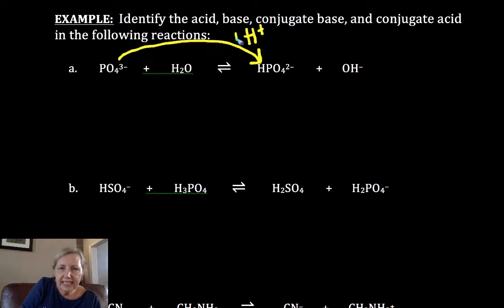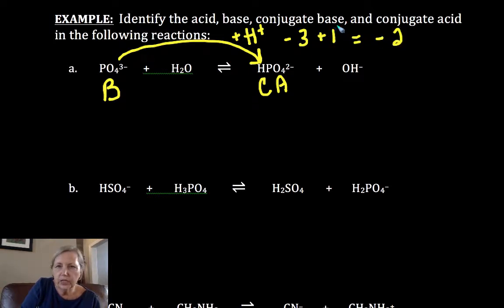So if it gained an H plus, this is the base. Its partner is a conjugate acid. Notice that they differ only by that H plus charge. So -3 plus 1 is equal to -2. So they only differ by that +1 charge and the H.